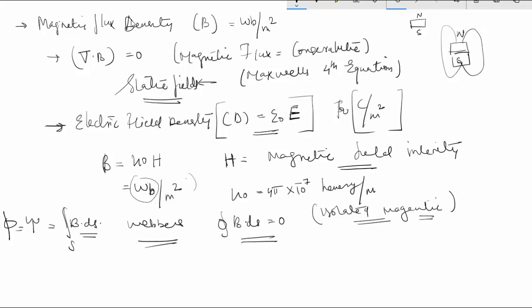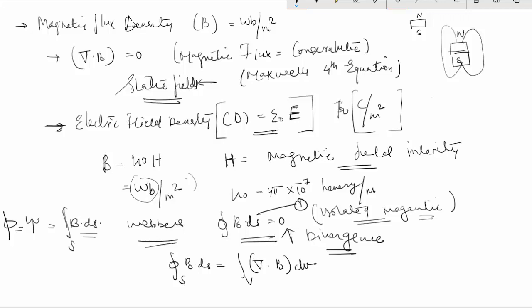If you apply the divergence theorem to this first equation, you get that the surface integral of B dot ds is equal to the volume integral of del dot B dV.